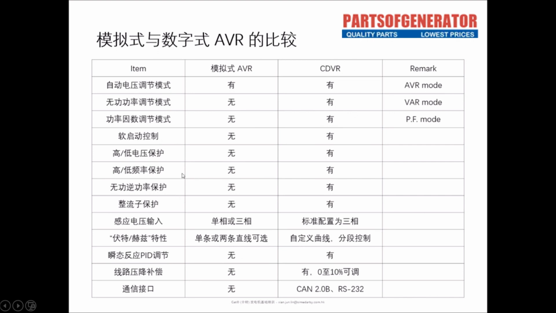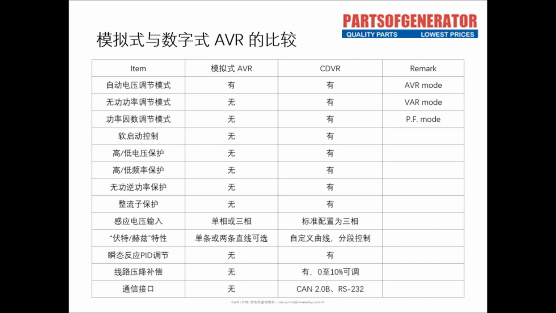There is also a reactive power adjustment mode. This is when it is connected to the mains grid. We can set a fixed reactive power or power factor adjustment mode. This is also when it is connected to the mains grid. Let the power factor of the generator be fixed at a certain value. These are the three possible adjustment modes of the AVR.